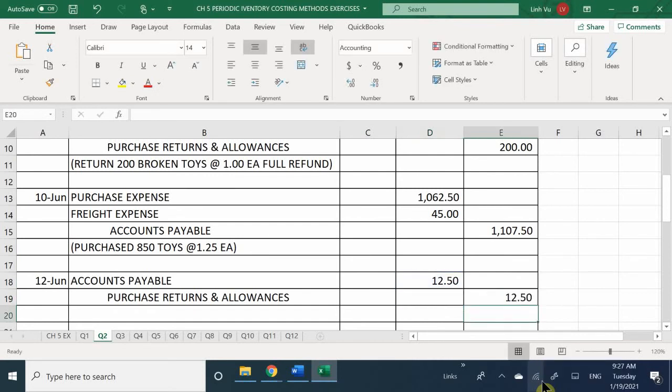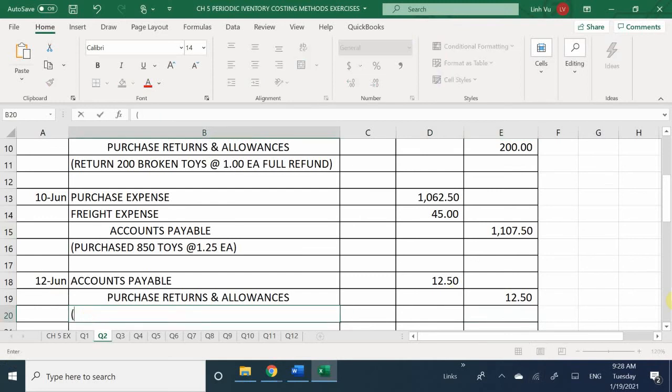So that's how you figure out what the discounted amount or the allowance is, right? You first solve for how much money you would get if it was a full refund. And because you're only getting a portion of that money, how much of that portion are you actually getting back? So 12.50 is correct. You're only getting 20% of the 62.50. Okay, and there it is, 12.50.